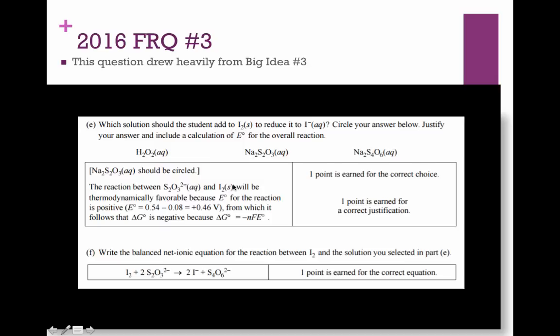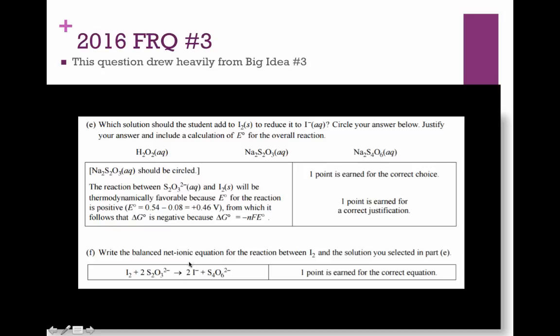It's spontaneous because E naught for the reaction is positive, and then delta G is negative. I would say that whether it's E or delta G or whatever, if your E is positive, just make a note in your justification, like it's spontaneous because E is positive.